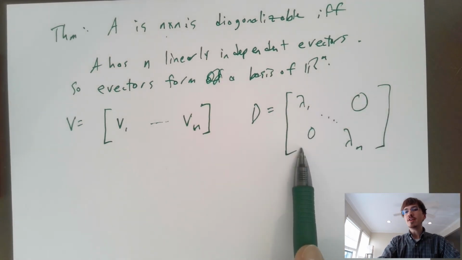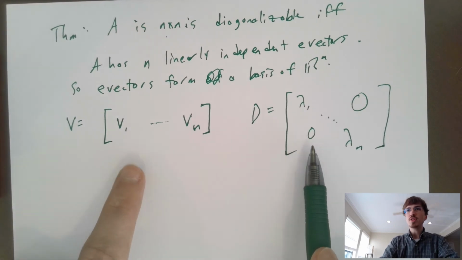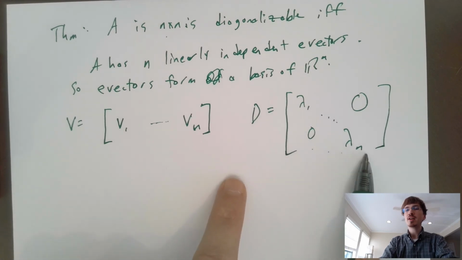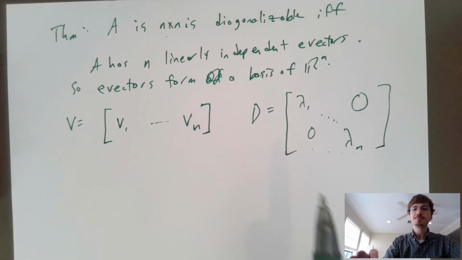And the eigenvalue in the ith column corresponds to the eigenvector in the ith column of V. So these line up. Corresponding eigenvalues are in the same spots as their vectors from the corresponding eigenspace.